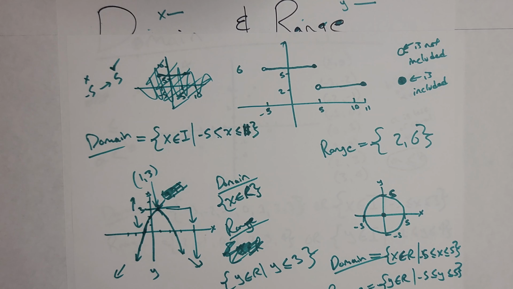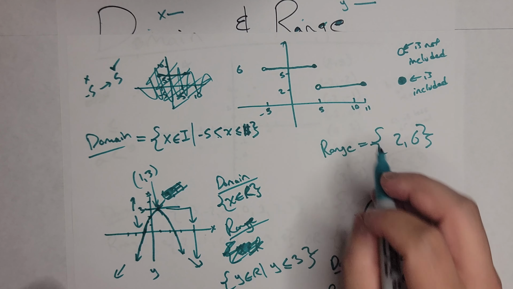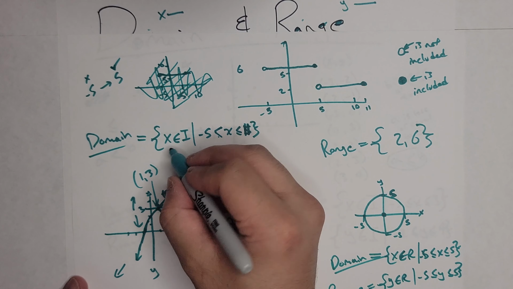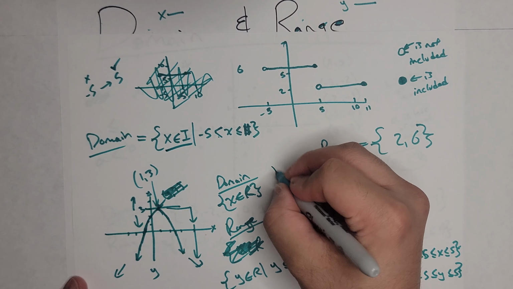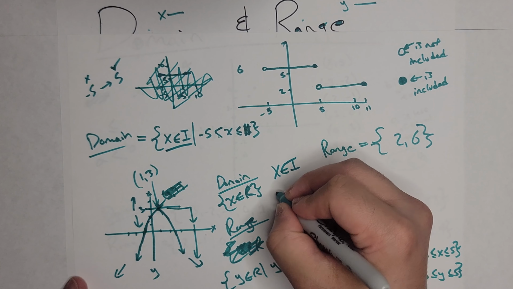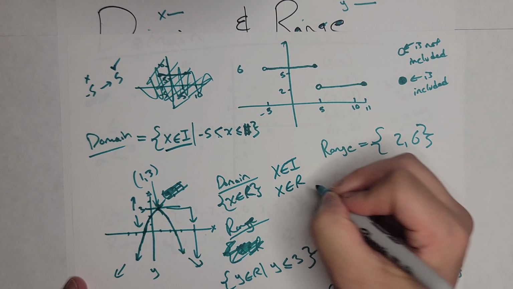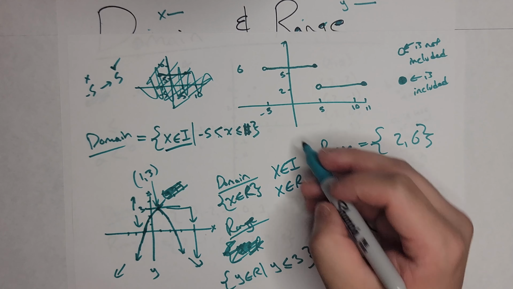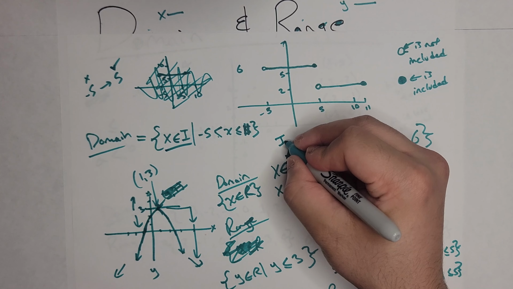For a function after solving it or something, basically just look at all the x and the y values, what they can and cannot be. One thing you'll notice is that I went from x ∈ I to x ∈ ℝ. When I say I, that means integer.